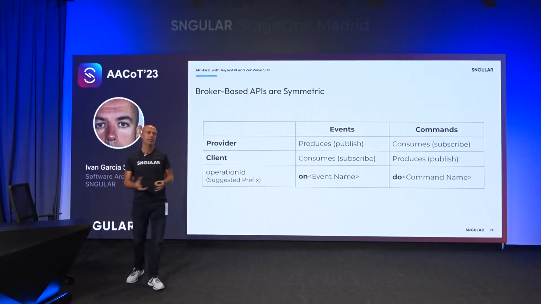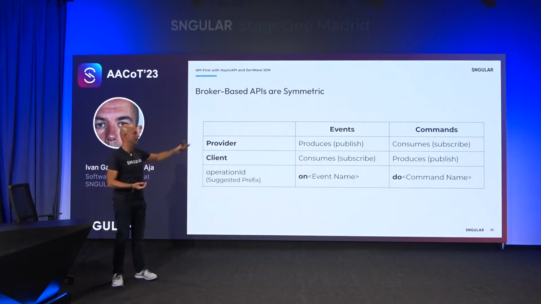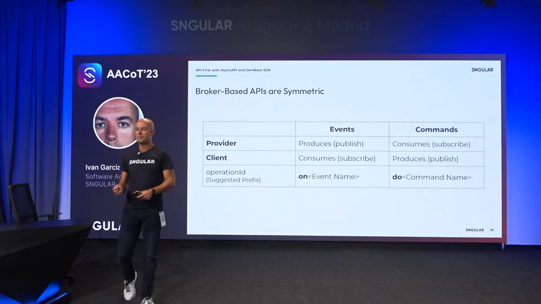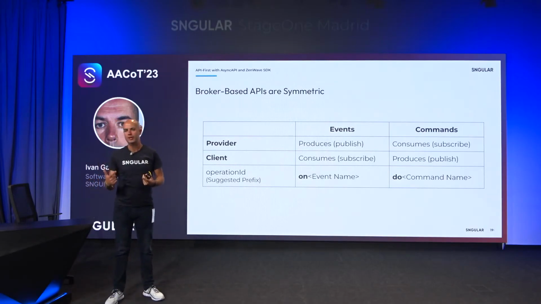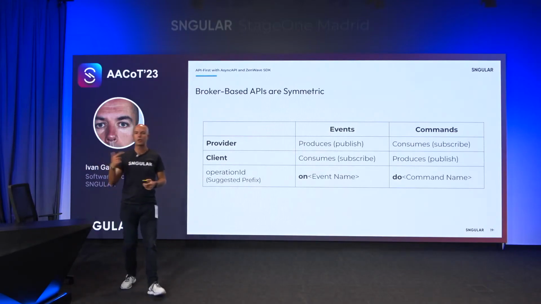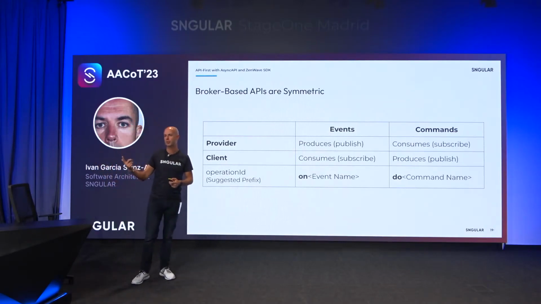And well, there are some tricks to know how to document your API, if you use publish or subscribe. Usually, if your message is an event, there will be only one provider. And if your message is a command, there will be only one consumer. That's one of the tricks.